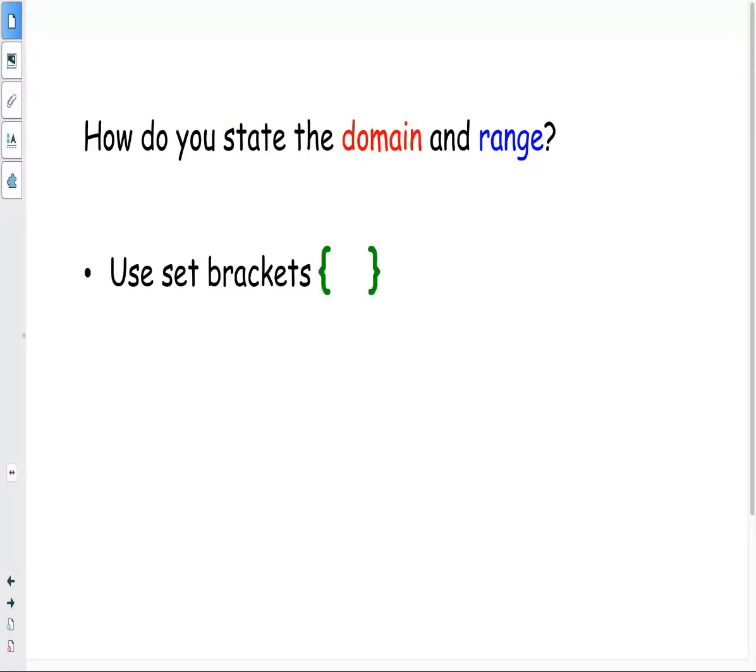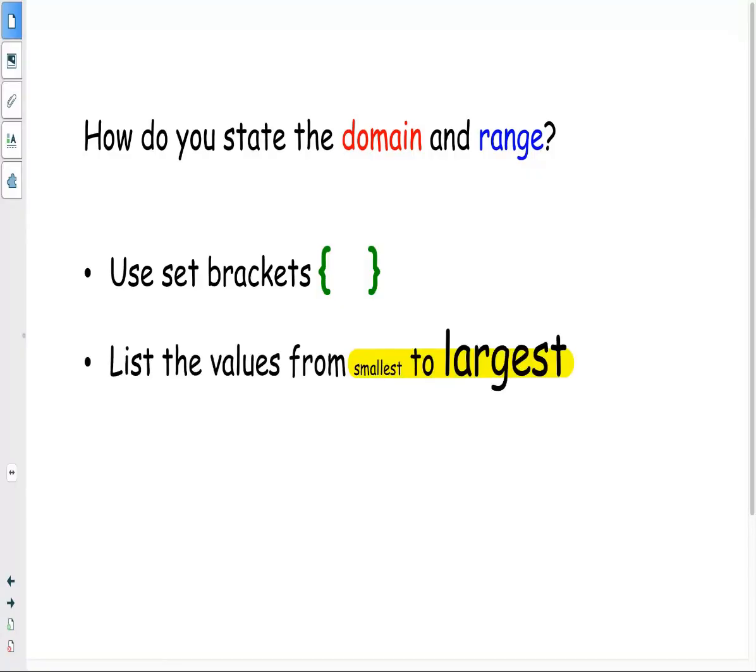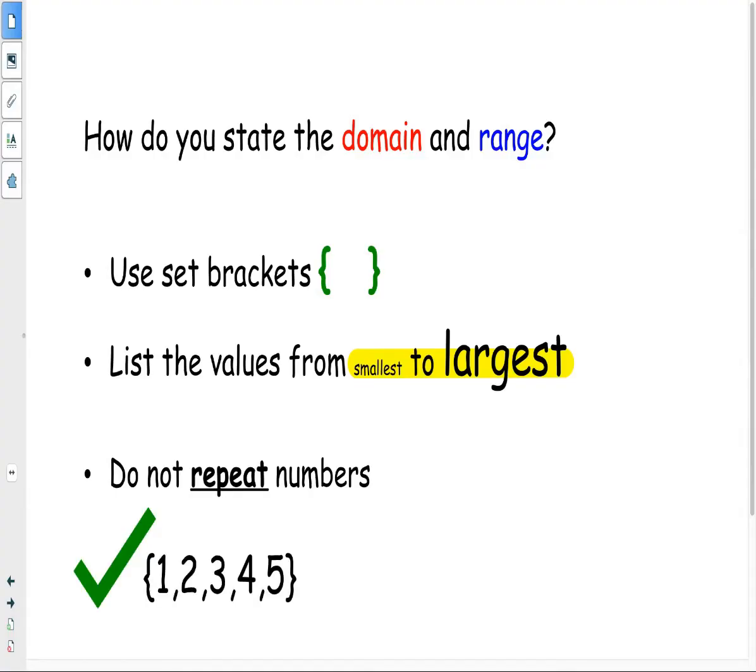So how do you state the domain and range? Well, the first thing is to use those brackets we talked about earlier. Whenever we're listing something, we need to make sure we include it inside of brackets. Then we're going to list the values from smallest to largest, which is also known as least to greatest. Lastly, we're going to make sure that there aren't any repeating numbers. And we'll see how that works when we go into our first example.